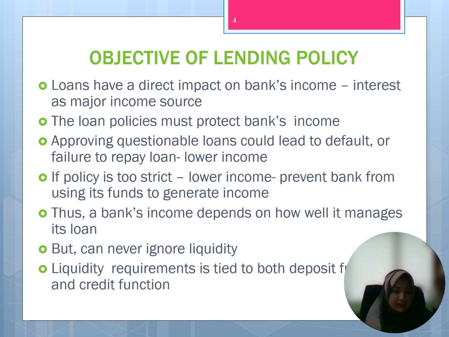They also have an adequate level of liquidity, money to fulfill withdrawal demand when depositors want to withdraw. At the same time, in maintaining liquidity, they also should gain profits. That's the objective of lending policy: maintaining an adequate level of liquidity, but also increasing the profit.